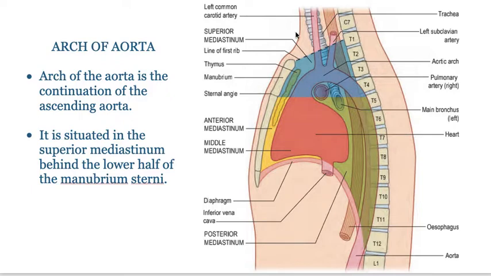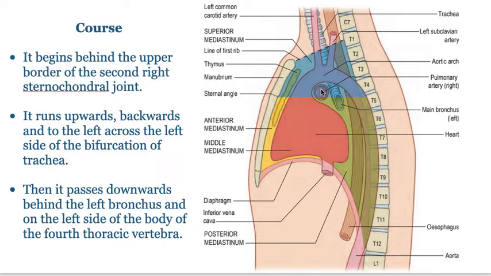The arch of the aorta is the continuation of the ascending aorta, situated in the superior mediastinum behind the lower half of the manubrium sterni. It begins behind the upper border of the second right sternochondral joint, runs upwards and backwards and to the left across the left side of the bifurcation of the trachea.